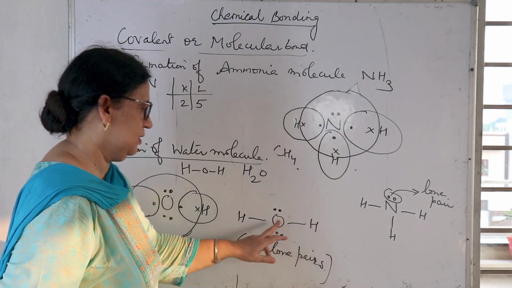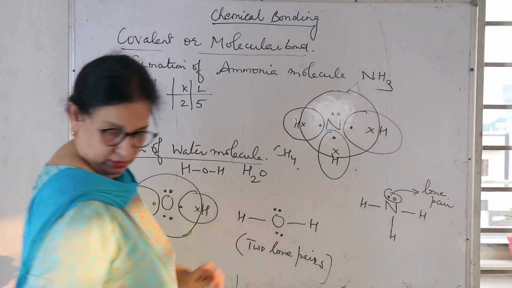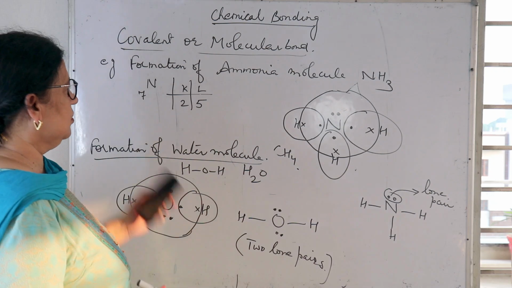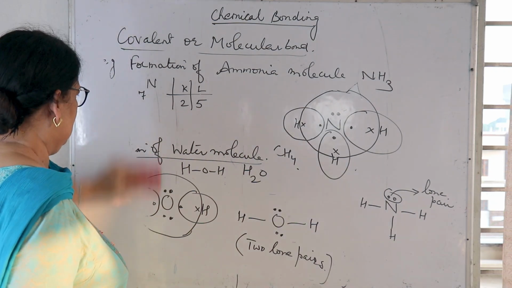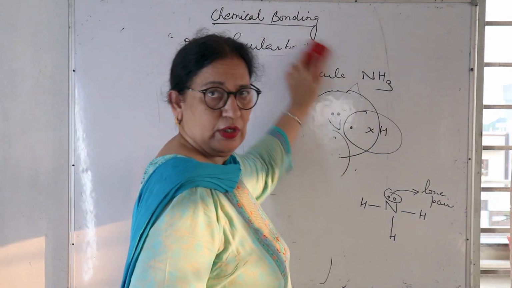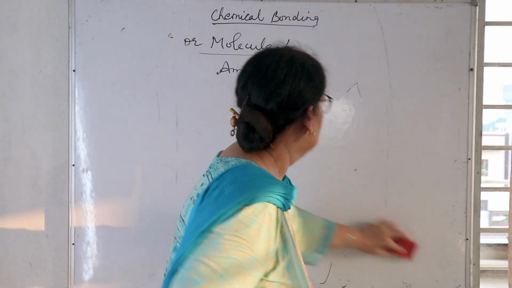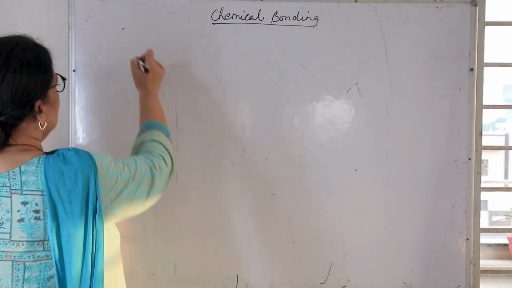So 2 lone pairs on water, in water molecules on oxygen. So these are all single covalent bonds, and let us do the double covalent bond.